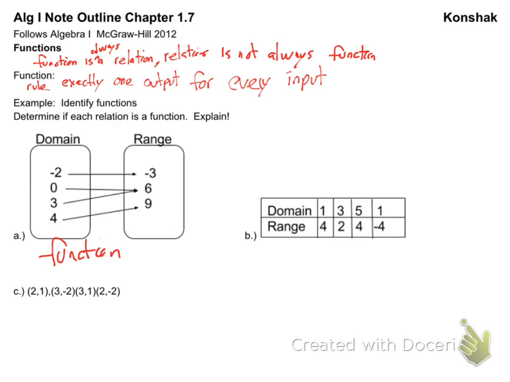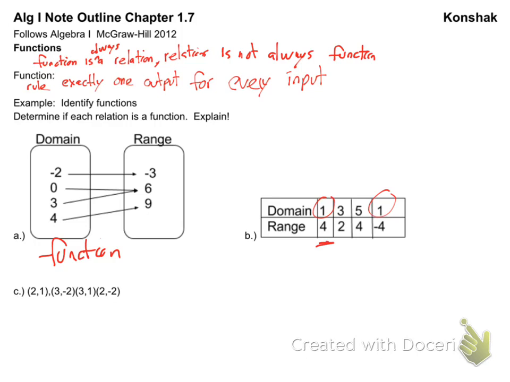Take a look at B. Function, yes or no? No. Why is it no, Fritz? Because there's more than one. Okay, that's not the only reason though. I think everybody should see that I got a 1 here and a 1 here. That doesn't take me out of contention of being a function or not. They don't have the same output.